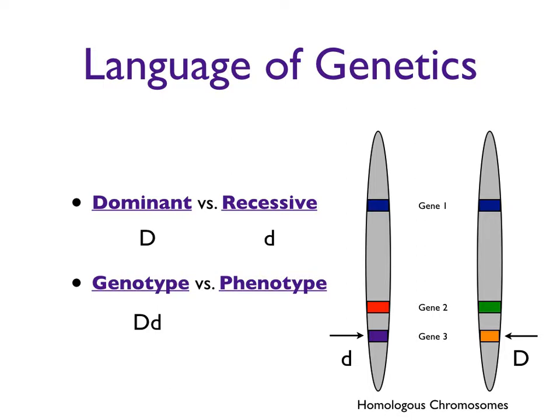The physical trait that results from this combination of genes is called the phenotype, and in this case, the phenotype that results is dimples. Because we have a dominant gene in combination with the recessive gene, the recessive gene is hidden, and so the physical trait that we see as a result is the presence of dimples.